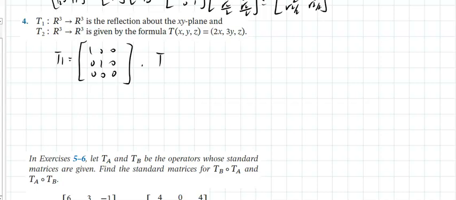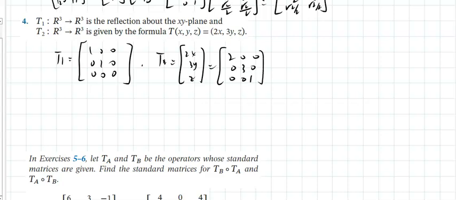And T sub 2 is pretty much 2x, 3y, z. Well, what is that? That is 2 0 0, 0 3 0, 0 0 1 multiplied by x y z.